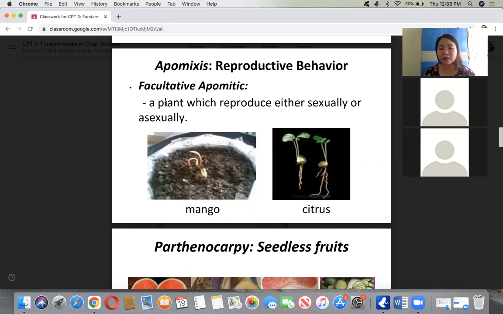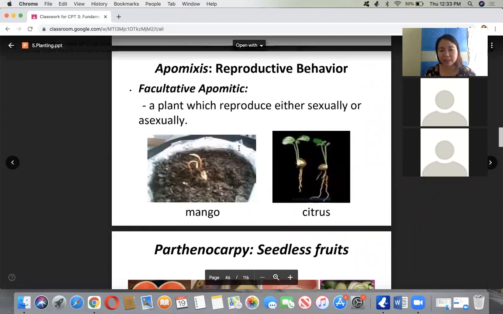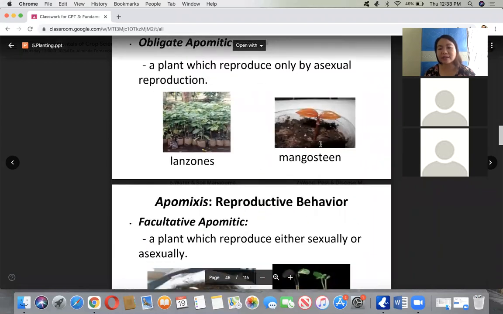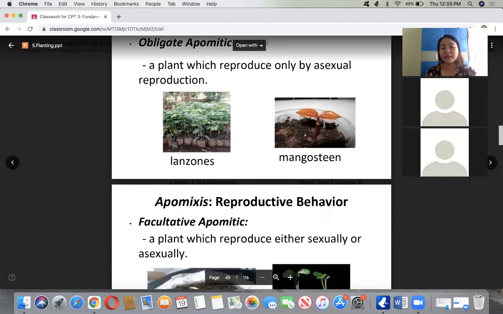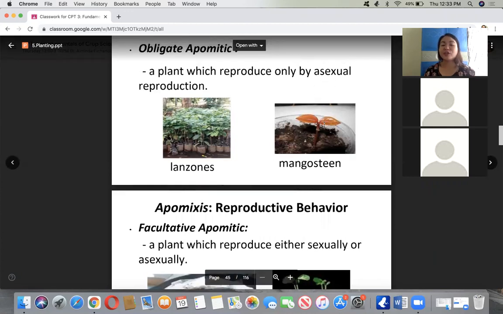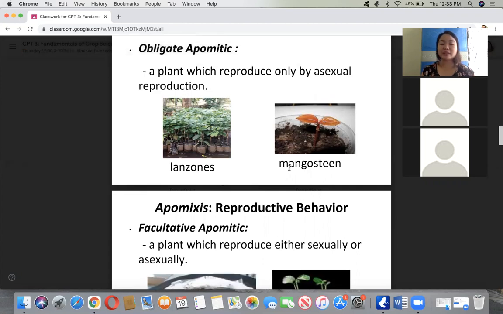So these are, on the other hand, called facultative apomictic because they reproduce either sexually or asexually. But in the case of lanzones and mangosteen, it's actually through asexual reproduction, but in the form of seed, kasi meron silang nuclear tissues.